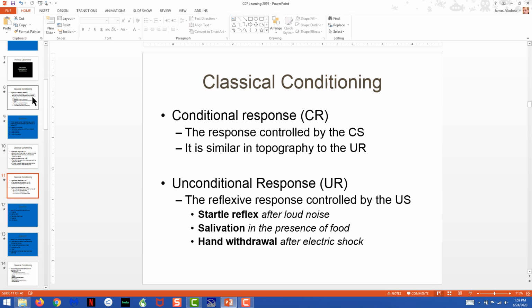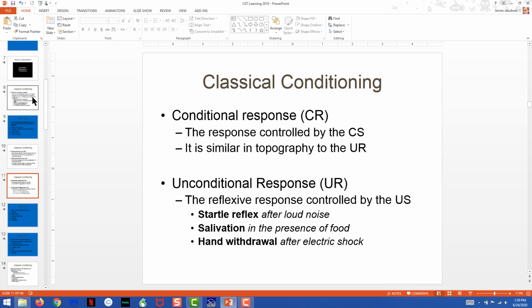Now, the response that you see to a conditional stimulus is always going to be called the conditional response. At first, a metronome, which is a conditional stimulus, will not produce salivation in a dog. But through the pairing of the metronome with the food over and over and over again, eventually the metronome will control salivation.